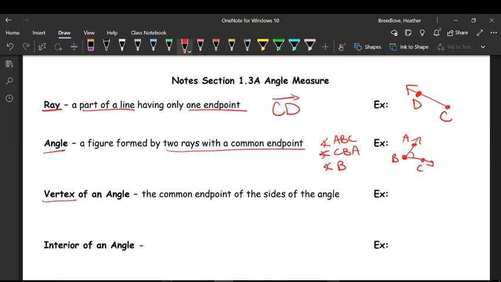So all three of these are okay ways to name that angle. And the vertex is the common endpoint of the angle. So for an example, right there, that's the vertex.